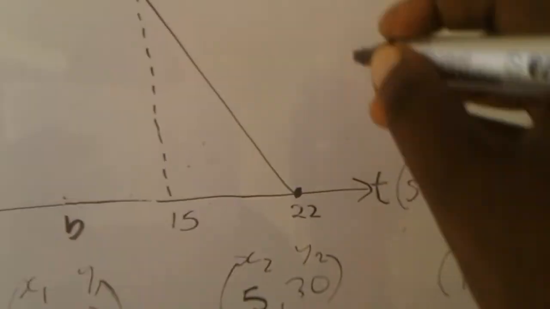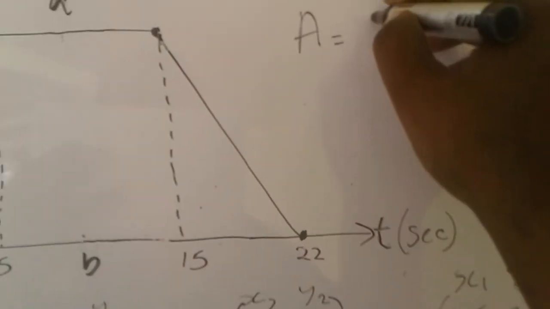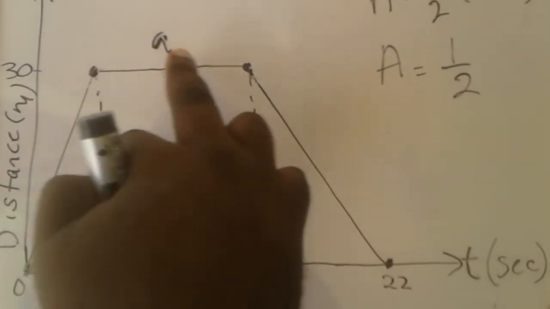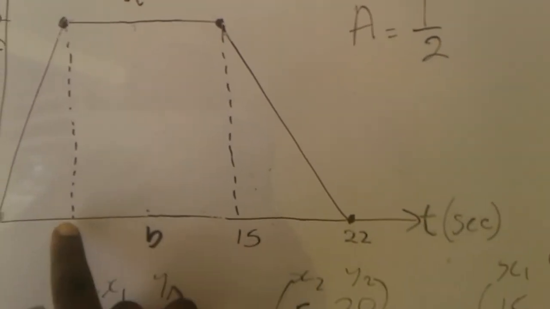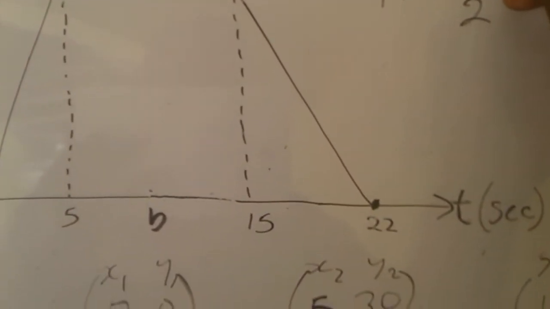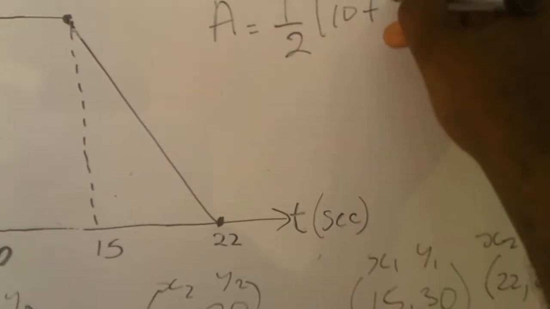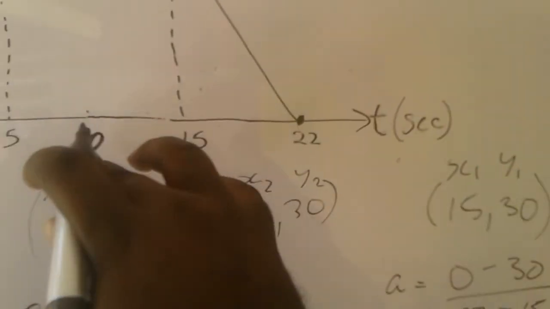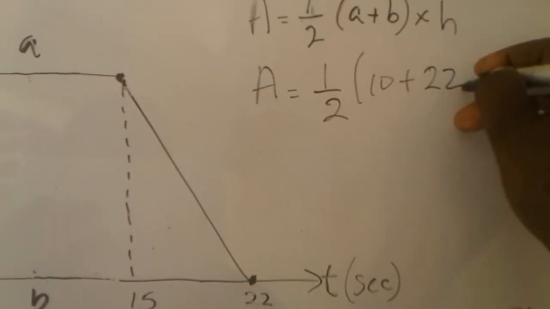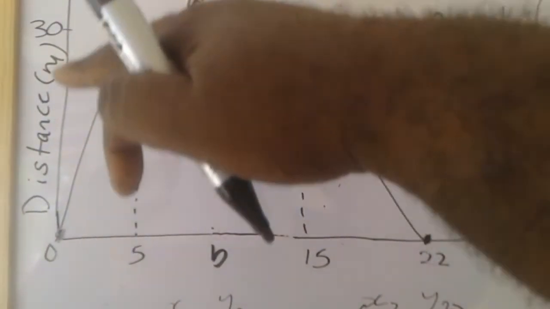So here we go. Area is equal to half of, what's the distance of A? From 5 seconds to 15 seconds, that's a gap of 10 seconds. So it's half of 10 plus, the total distance here is 22, multiplied by the vertical height, which is 30.